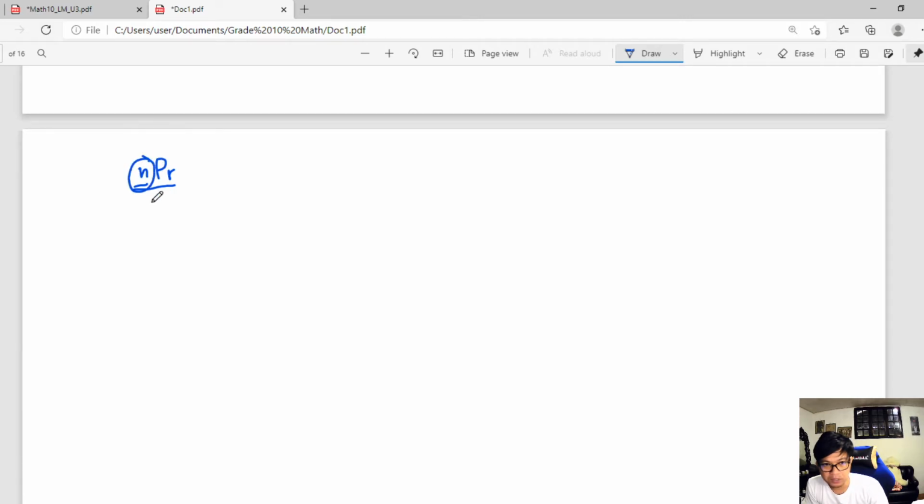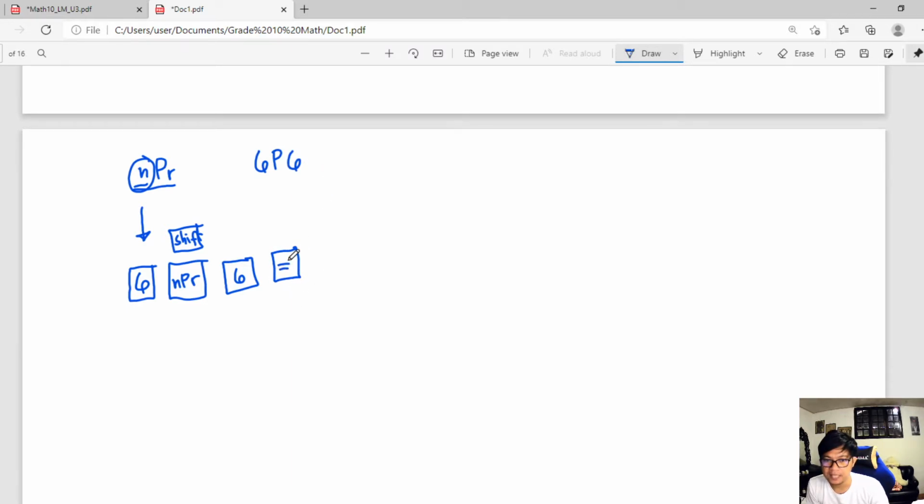Ilan ba yung n natin? 6. After you press 6, hanapin nyo yung nPr. Ang nPr yata, kailangan nyo mag-shift. Kailangan nyo magpindot ng shift, tapos pindutin nyo yung nPr. Then, after that, pindutin naman niyo yung 6. Kasi ang format sa calculator is magiging ganito, 6P6. Ganyan yung lalabas. And after that, you're going to press the equal sign.